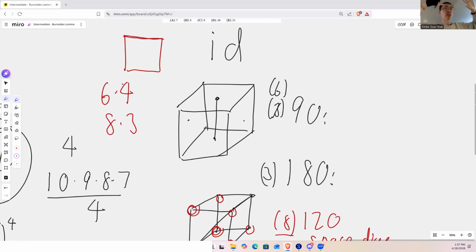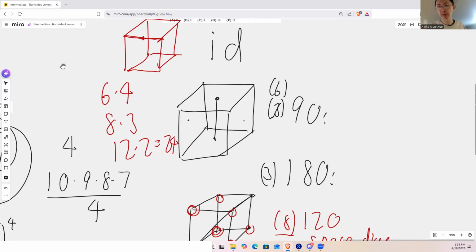Maybe that edge gets sent to the front top. Once you pick that edge, you can rotate it 180 degrees about its midpoint to orient the cube in 2 different ways. So it's also 12 times 2. Okay, so regardless, there's 24 symmetries, and we've accounted for them all.